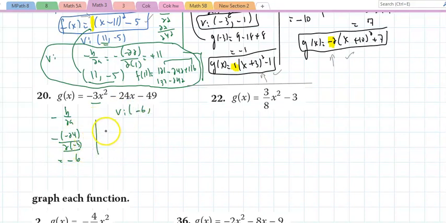Now, I will figure out g of negative 6, the y value, negative 3 times 36, plus, what's 24 times 6? That is 144, minus 49.